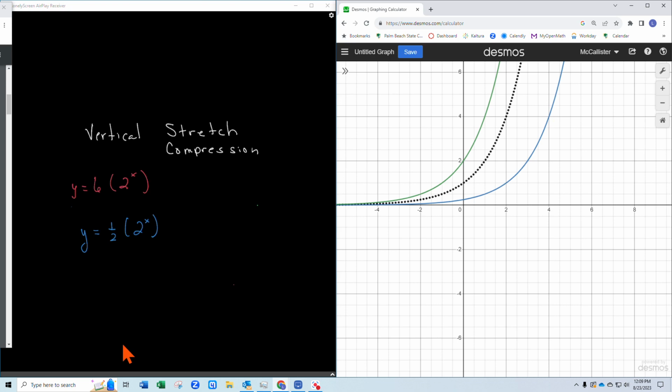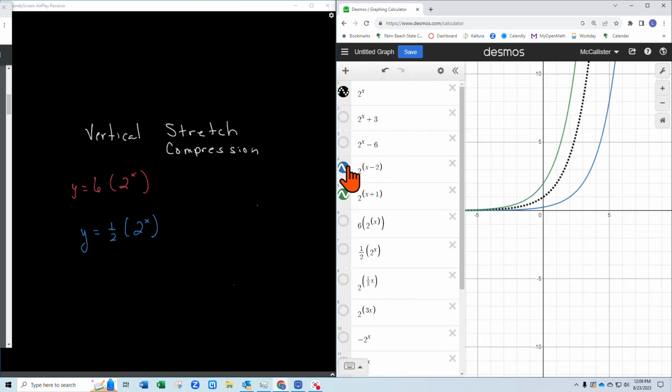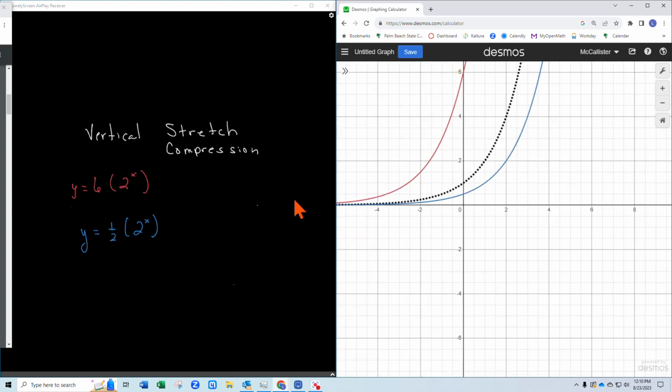All right, vertical stretch and compression. Let's take a look at those. With vertical stretch and compression, I want you to think about it as a pull. If you imagine pulling up and down, a stretch makes it thinner. A compression is making it wider. These are graphed in both the red and the blue. What I want you to think about again is that first point, the point (0, 1).